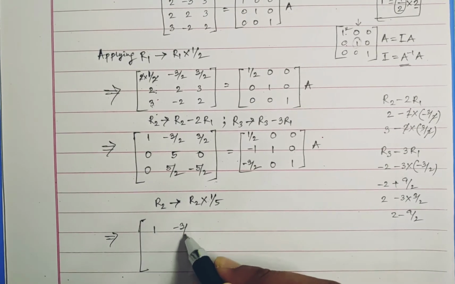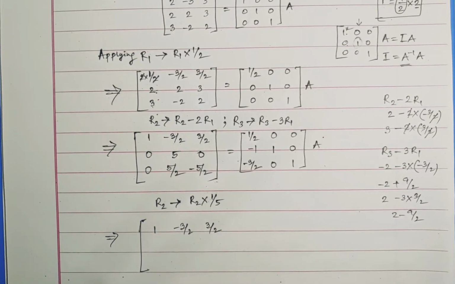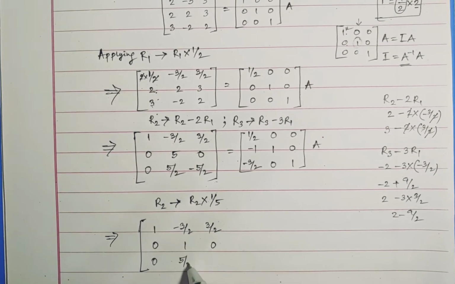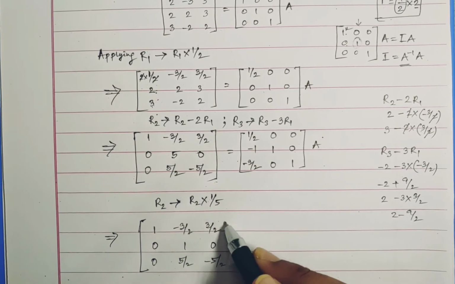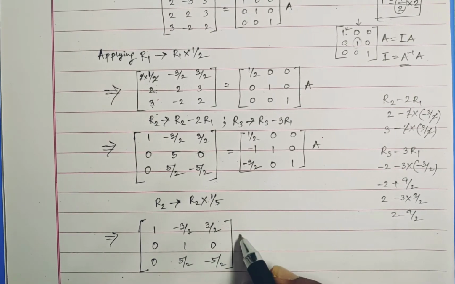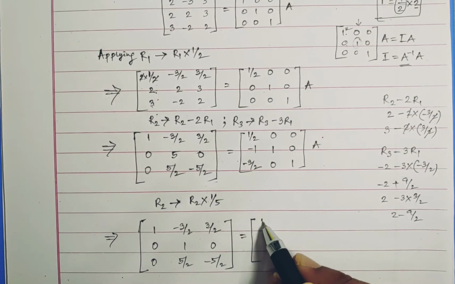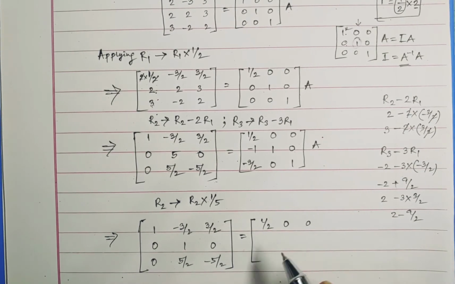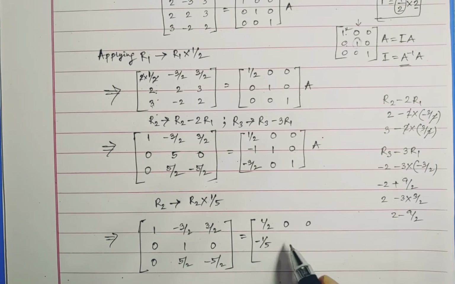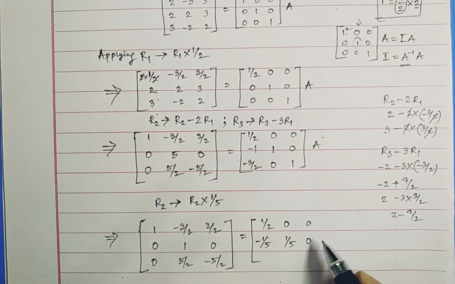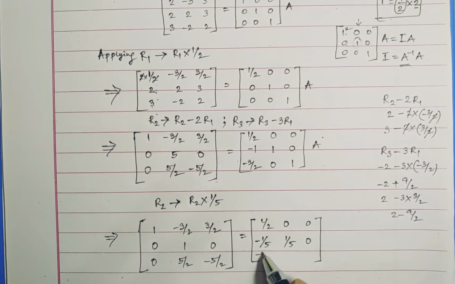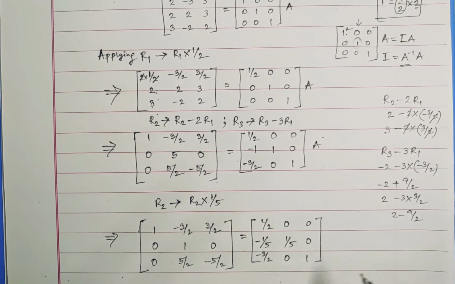So this one becomes what? 1 minus 3 by 2, 3 by 2, 0, 1, 0, 0, 5 by 2, minus 5 by 2. That is equal to, now the same thing we'll be doing in here. Half 0 0 minus, it will be 1 by 5, 1 by 5, 0, and this side will be minus 3 by 2, 0, 1.